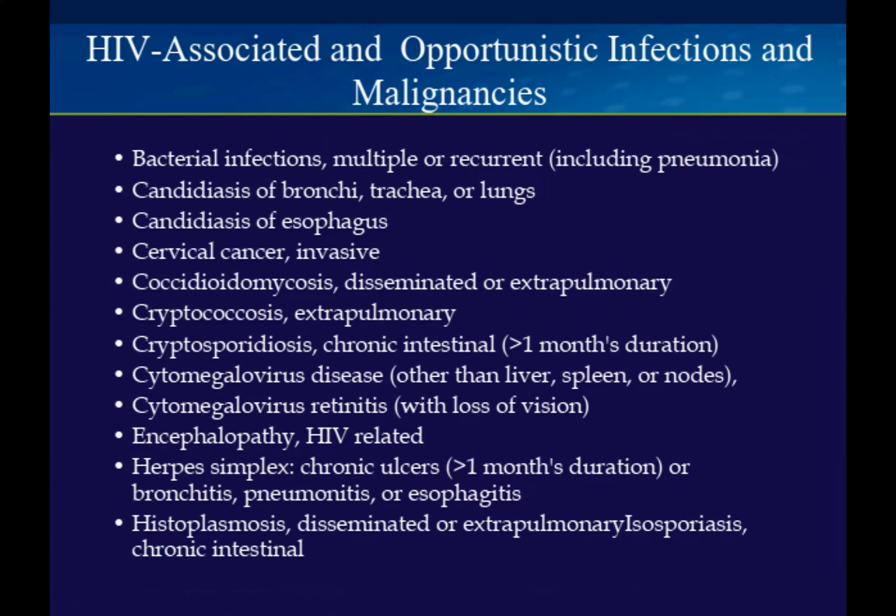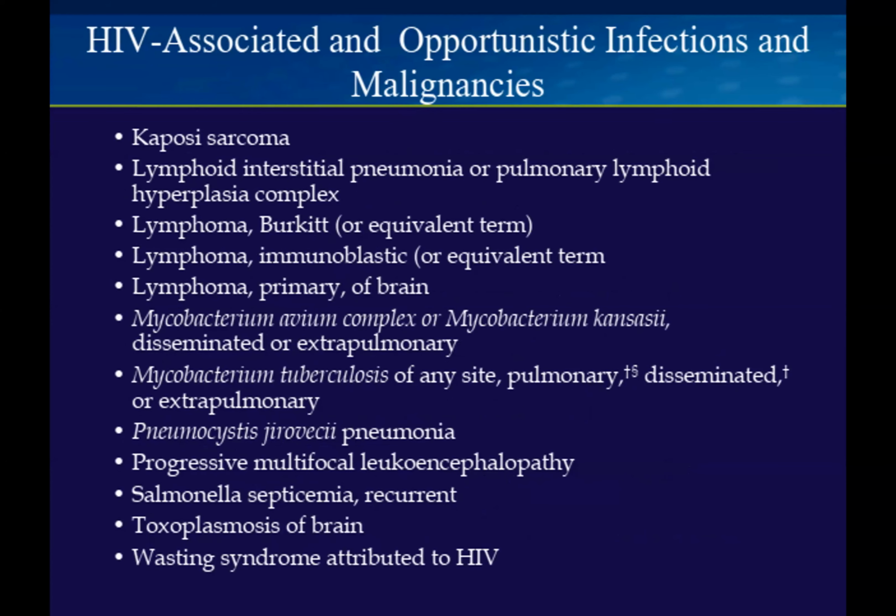This is a list of HIV-associated opportunistic infections and malignancies, which can occur especially if the CD4 count is very low, and they are called HIV-associated infections or HIV-associated malignancies. And you might have seen this list when we discussed WHO clinical staging of HIV in the first session.